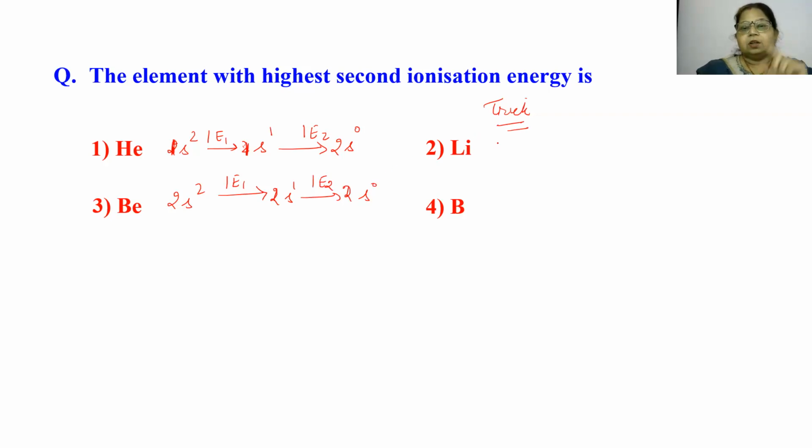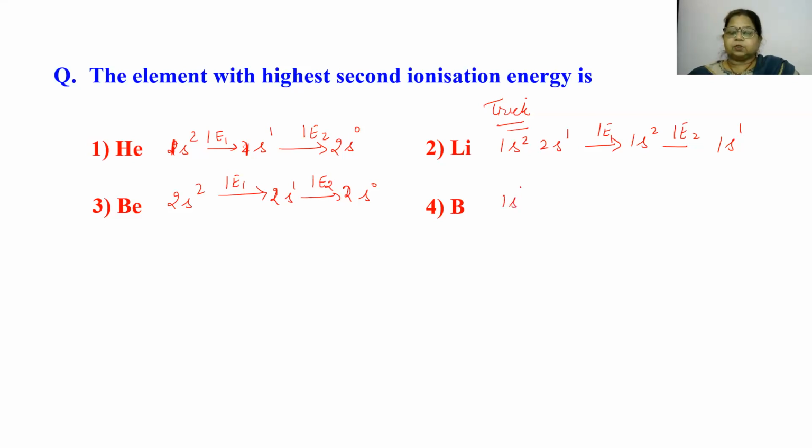Lithium has 1s2, 2s1. If it gives out one electron, it will form 1s2, right? And for IE2, it will become 1s1.